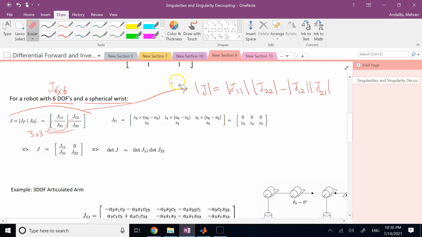Good? Now, if it's a spherical wrist, the last three centers of the frames, which is basically O4, O5, and O6, as well as O3, can all be considered at the same point.